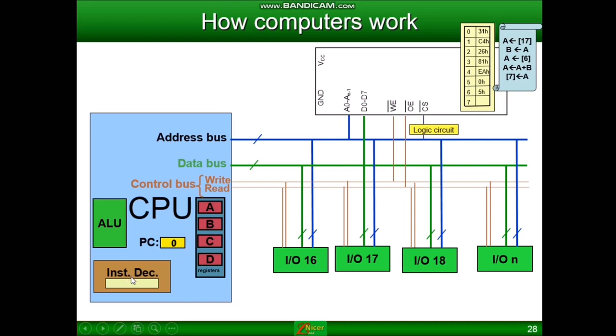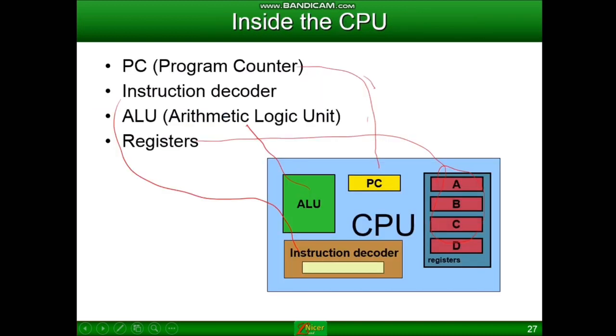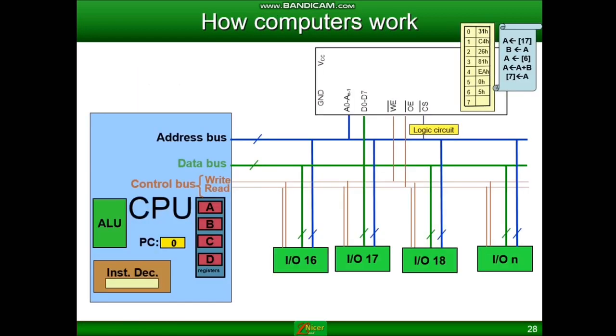This is the instruction decoder, and the arithmetic logic unit. Basically this is the unit where arithmetic operations are performed. These are the registers. This is the human language program, and over here we have the program counter, and over here we have the data that is written in hexadecimal.